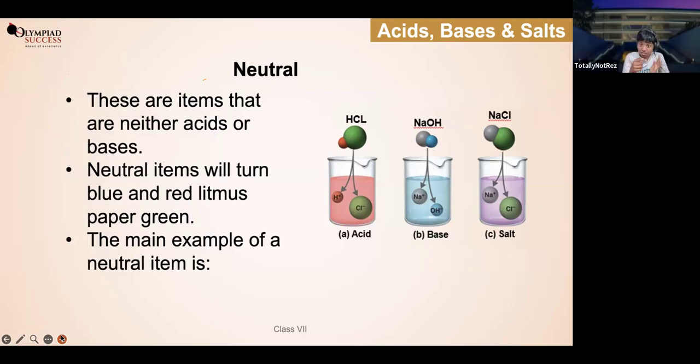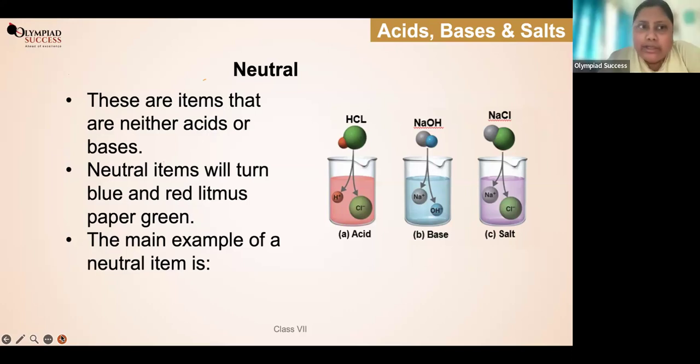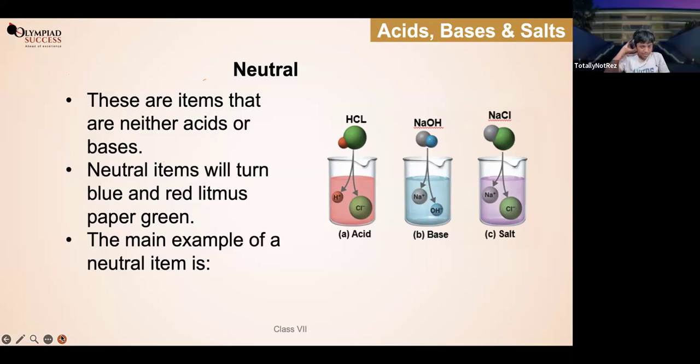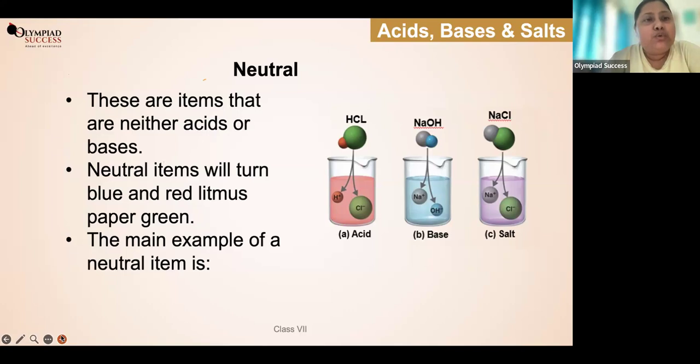It will turn red. Now you have the red litmus paper, and you put it in water.